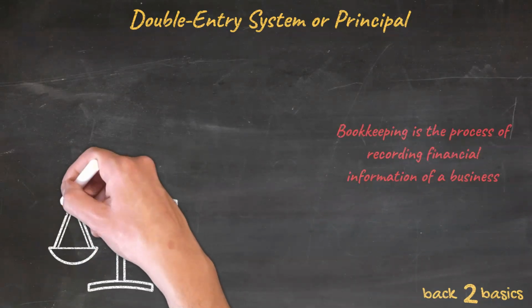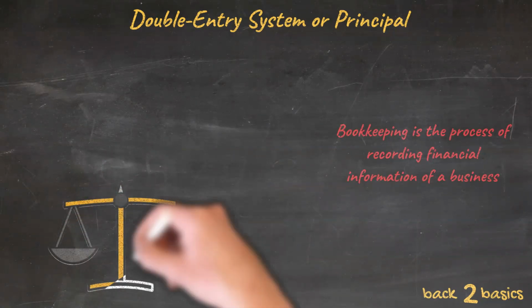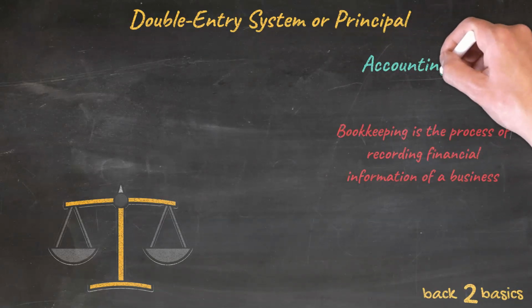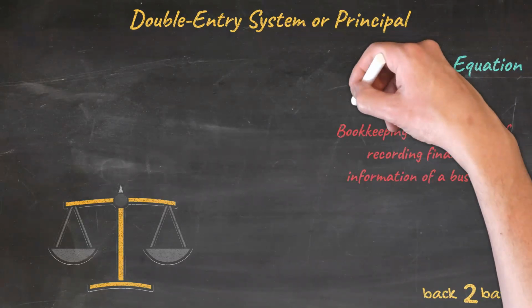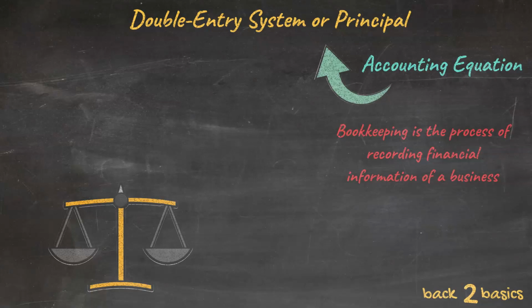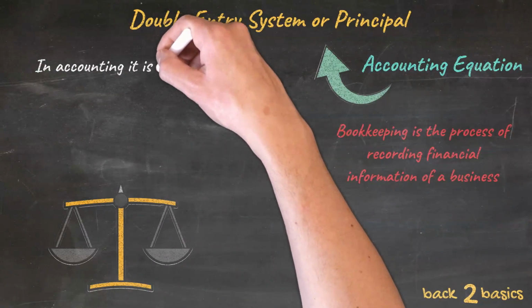So in other words, every financial transaction has equal and opposite effects in at least two different accounts. It is used to satisfy the accounting equation, which forms the foundation of the double entry system. And we already know that the accounting equation is assets equals liabilities plus equity.